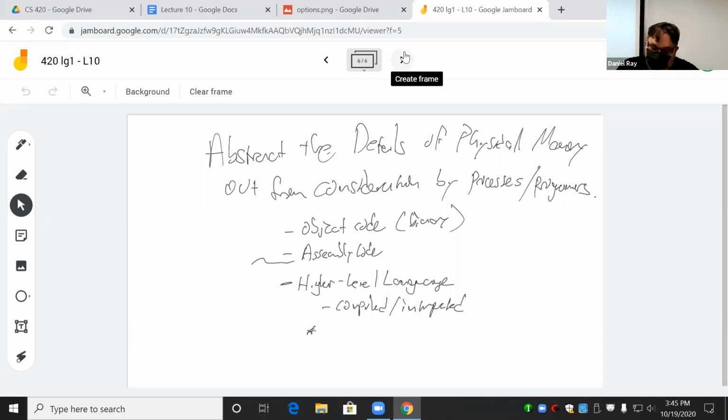So you write a program and you say int i equals 5, and you write a function and you call that function foo(i). Okay? Somebody's got to figure out, when it comes down to brass tacks, where in physical memory that location is.